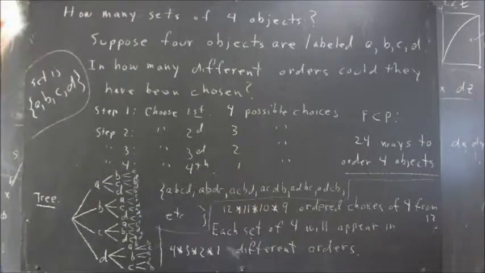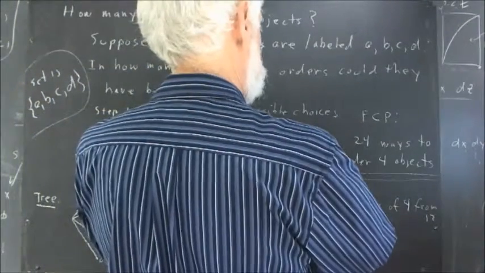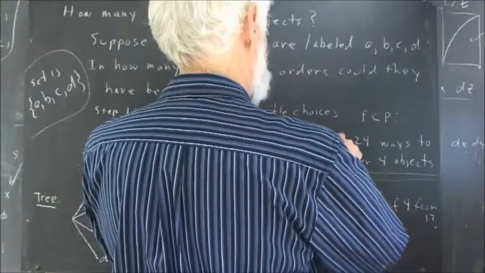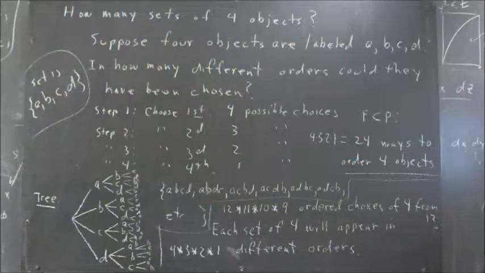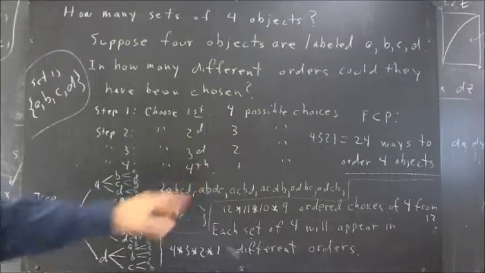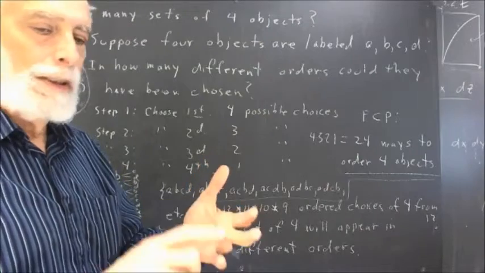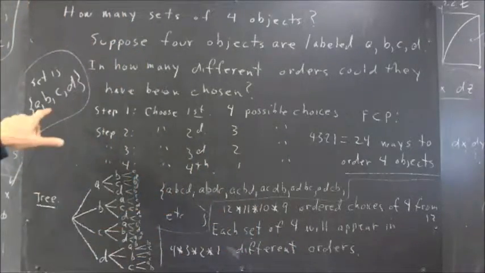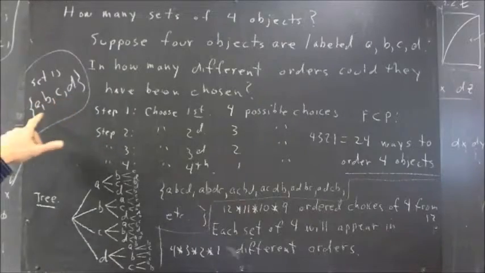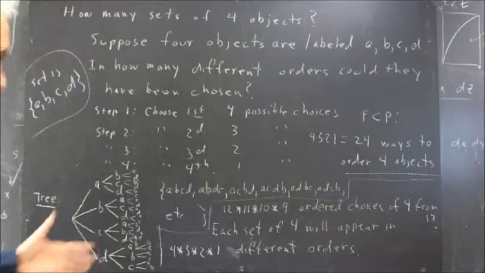And the fundamental counting principle then tells us that there are 4 times 3 times 2 times 1 equals 24 ways to order the 4 objects. So what do we have now? We have 12 times 11 times 10 times 9 ordered choices, but every set of choices could be ordered in 24 different ways.